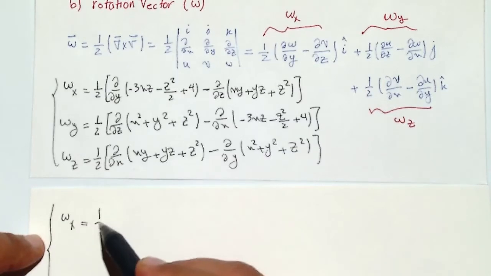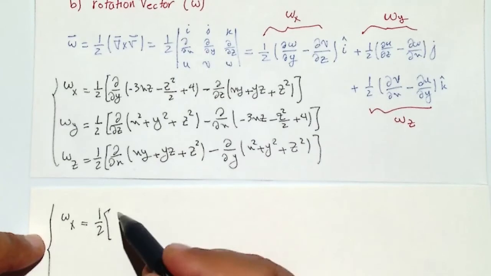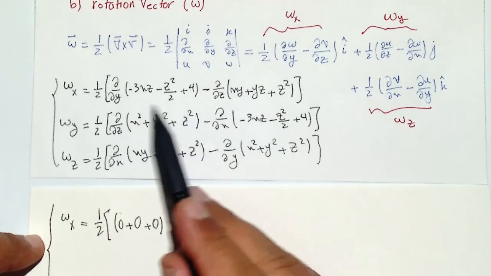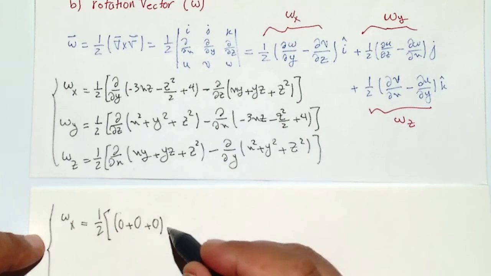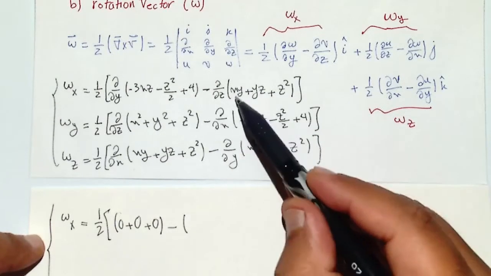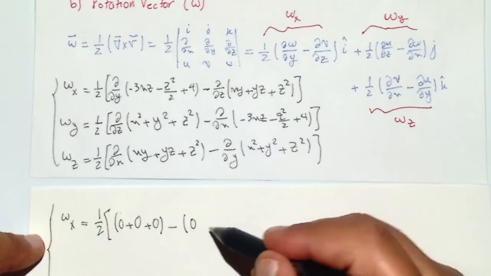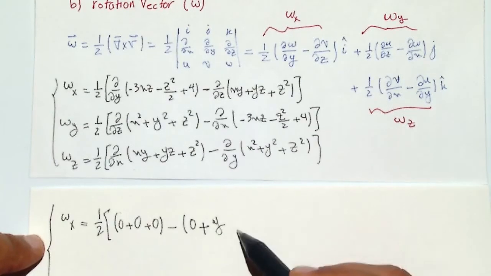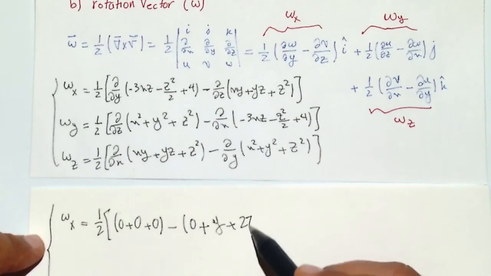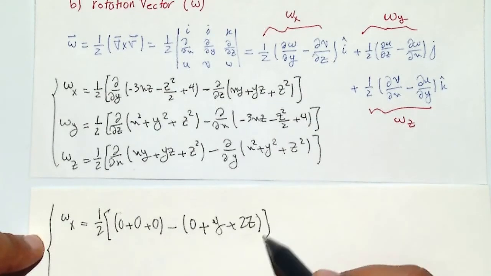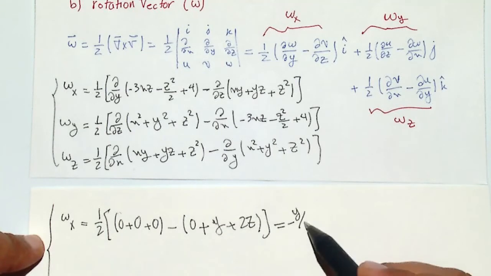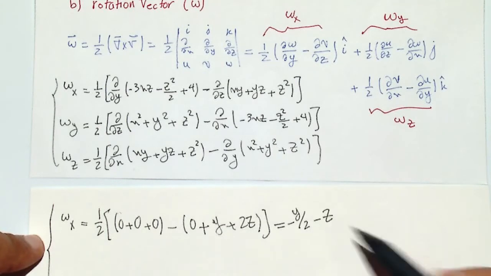So it's going to be 1/2 of 0 plus 0 plus 0, because none of those have y in it, minus, for this one, 0 plus y plus 2z. Then the final answer for omega x is minus y over 2 minus z.